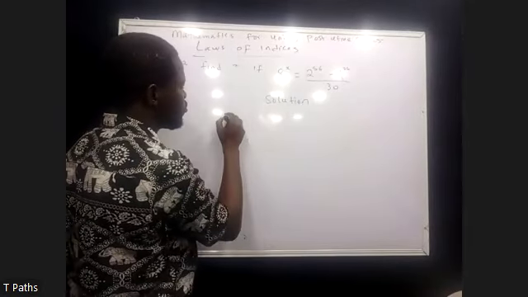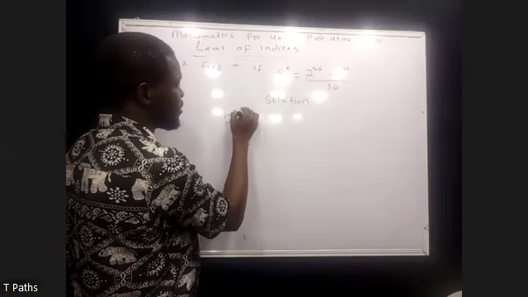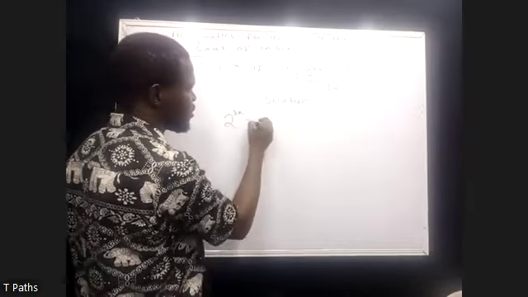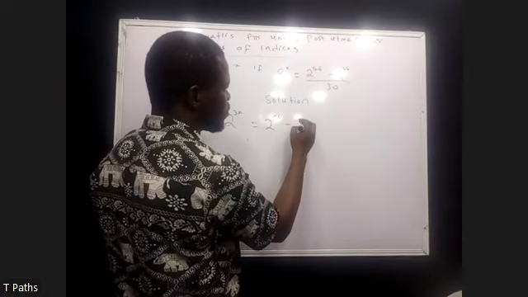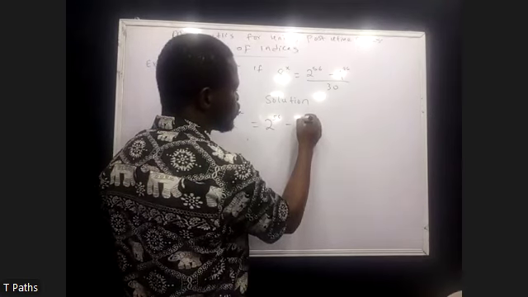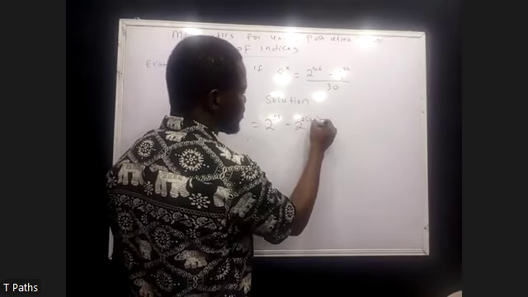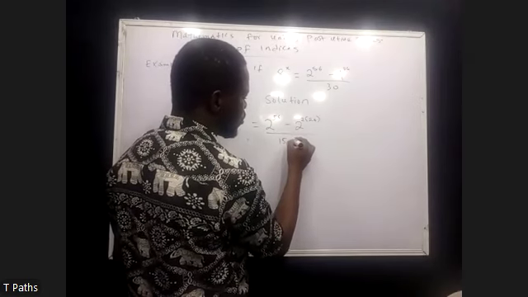I can write 2 raised to power 3. Hope everybody understands. This is 2 raised to power 6 minus 2 raised to power 4, over 15 times 2. Right?